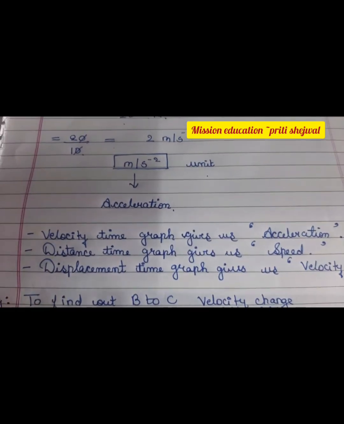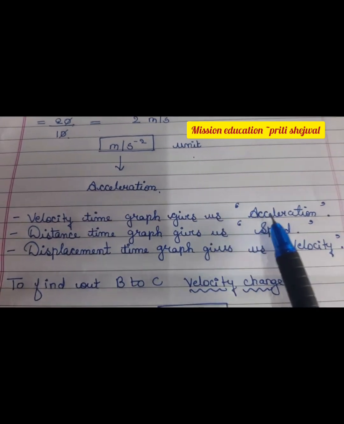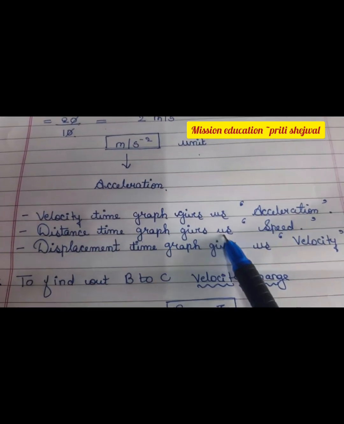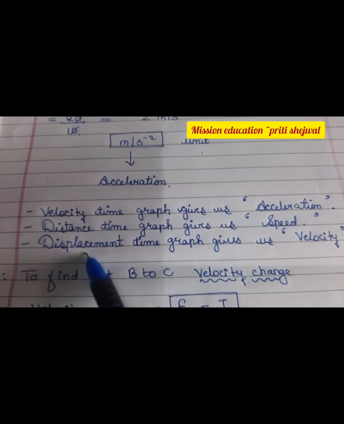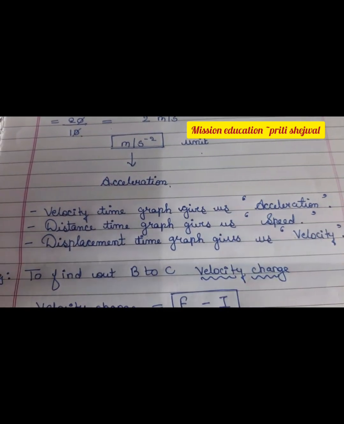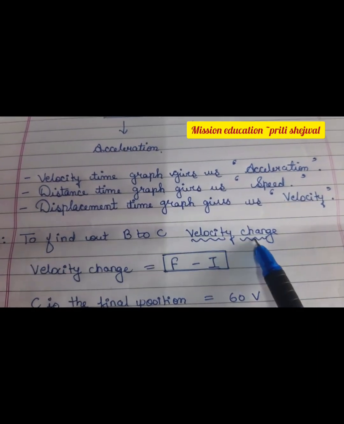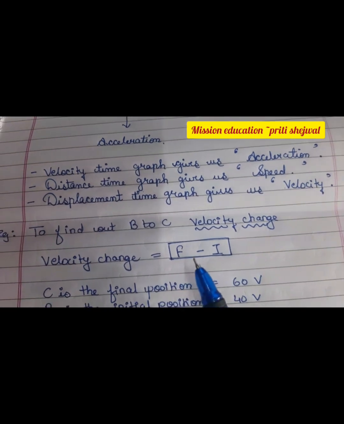So here the velocity time graph gives us acceleration and the distance time graph gives us speed. The displacement time graph gives us velocity. Now, to find out B to C velocity change, how are we going to find out?